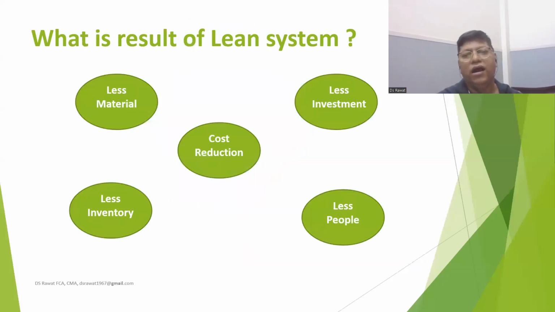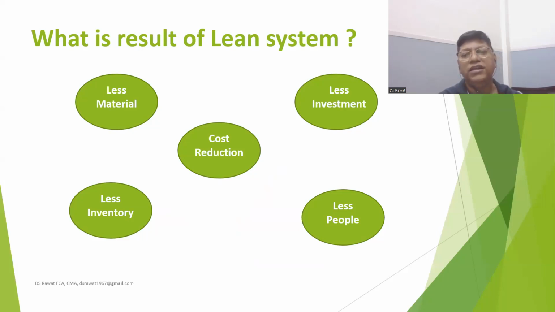And after the end of this lean manufacturing system, what will be the impact on our organizations? We will definitely need less material because of reduction in the wastage. Because now 100% input will be used for 100% output, instead of using 100% input and making out only 80% with 20% waste.